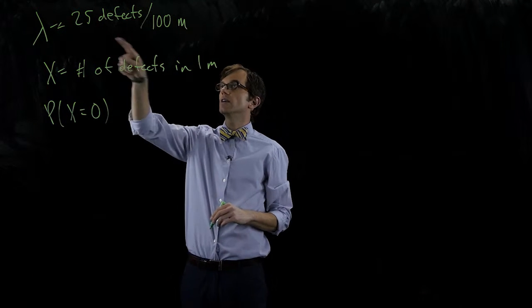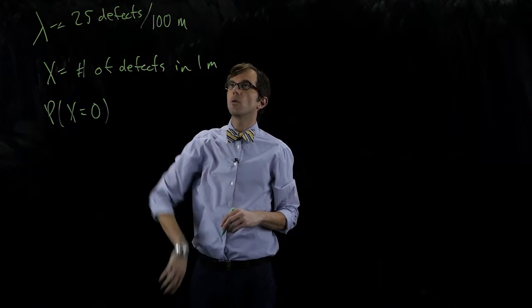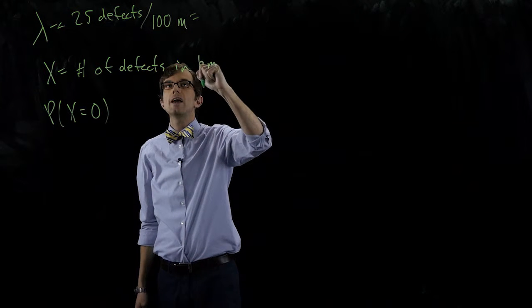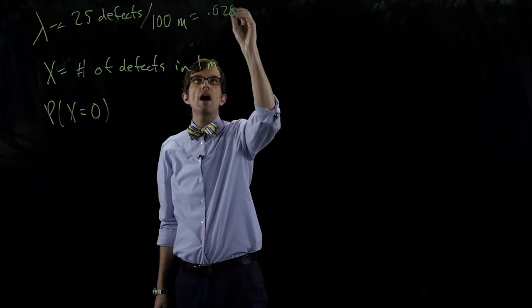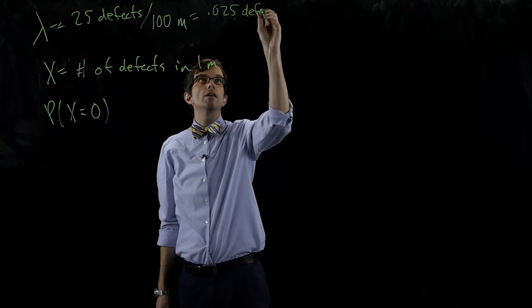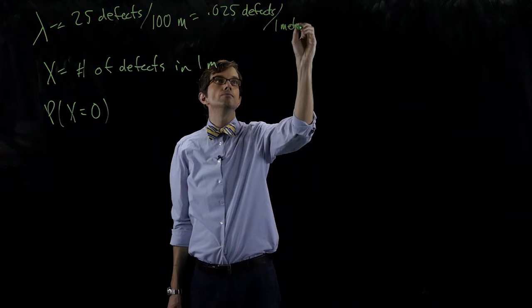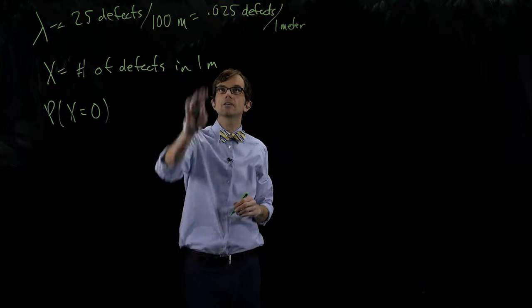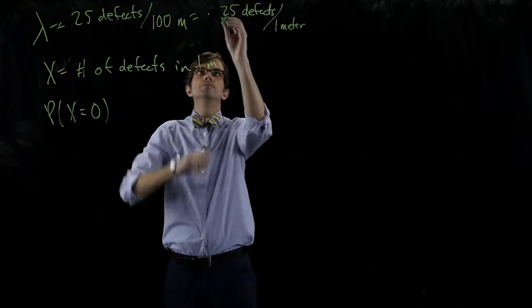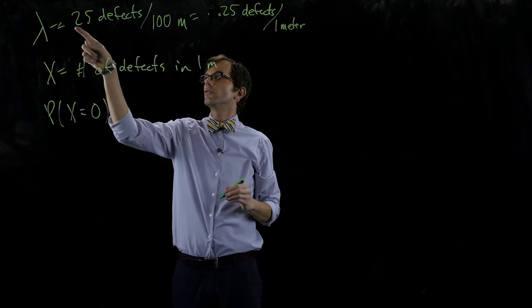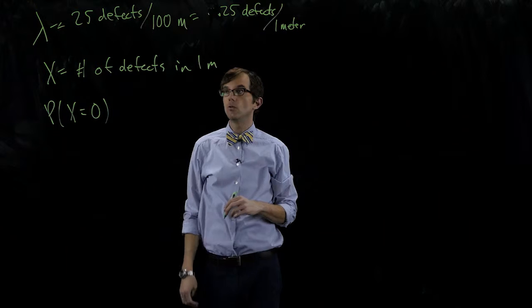Okay? Well, this is 25 defects per 100 meters. We could rewrite that as 0.025 defects, imperfections, in 1 meter. Okay? Actually, that is 0.25. 2 zeros over, 0.25 defects in 1 meter.